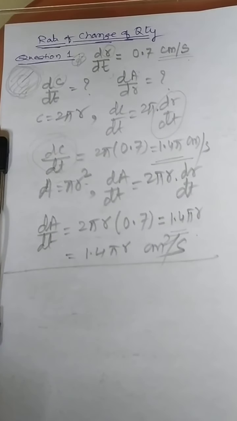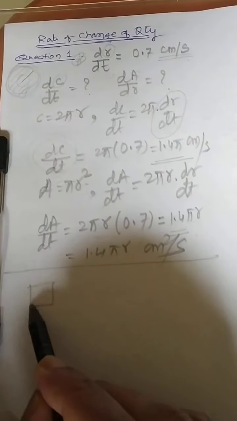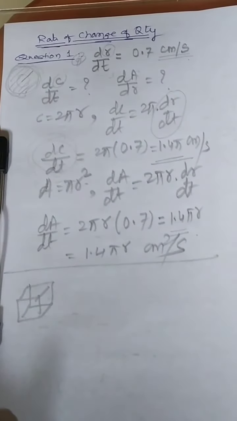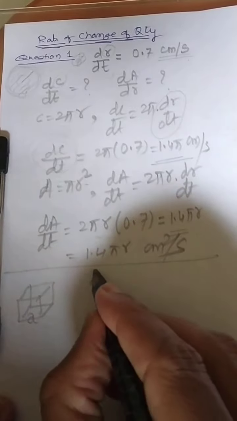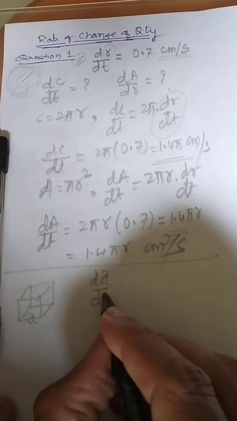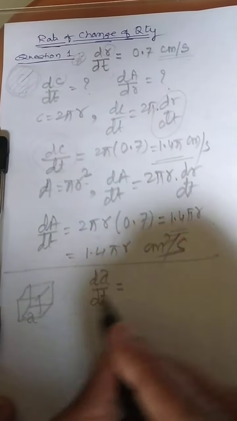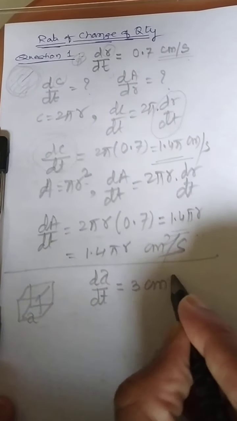The edge of a variable cube is increasing at the rate of 3 centimeter per second. Suppose I define the edge by a, then dA by dt, the rate of change of increase, is 3 centimeter per second.